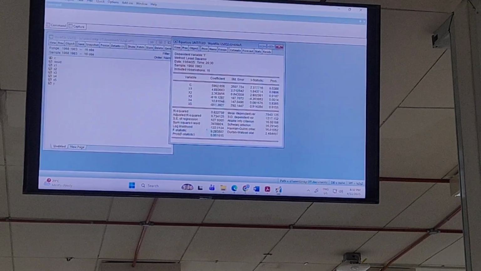So R square you have, let's say R square is given, 0.82275. For the restricted model, if you only have the intercept model, then R square equals 0. If they say the restricted model is where all slopes equal 0, then you only have the intercept.